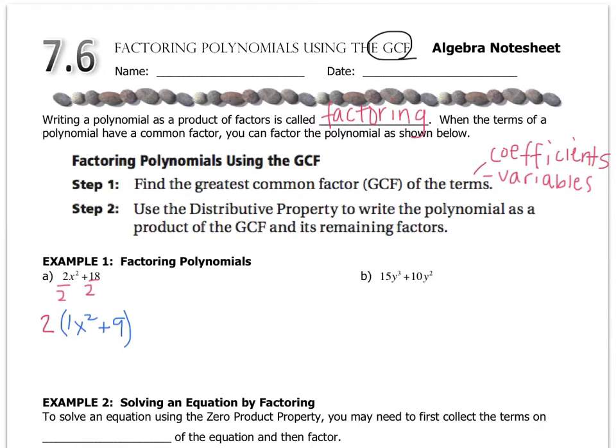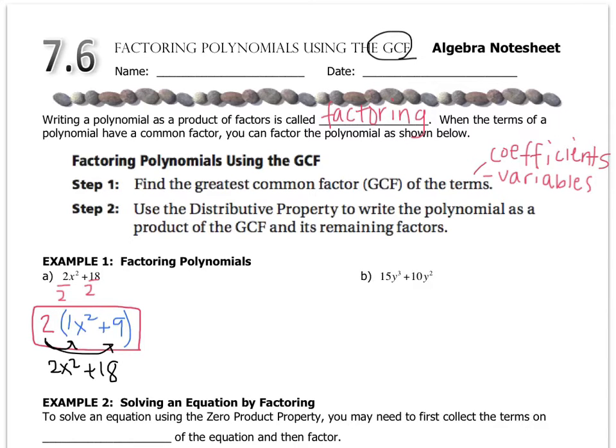And this is factored form. 2 times x squared plus 9 is the factored version of 2x squared plus 18. And you can check that by multiplying it back. 2 times 1x squared is 2x squared. And 2 times 9 is 18. And you see you get the same thing as you started with. So you should always check your factored form if you're ever not sure, even if you just want to make sure that you have the right answer.